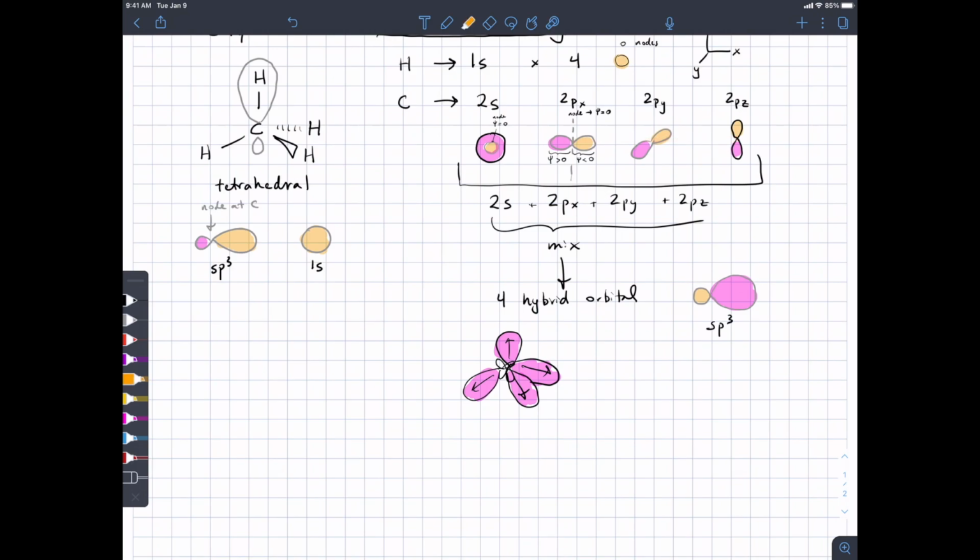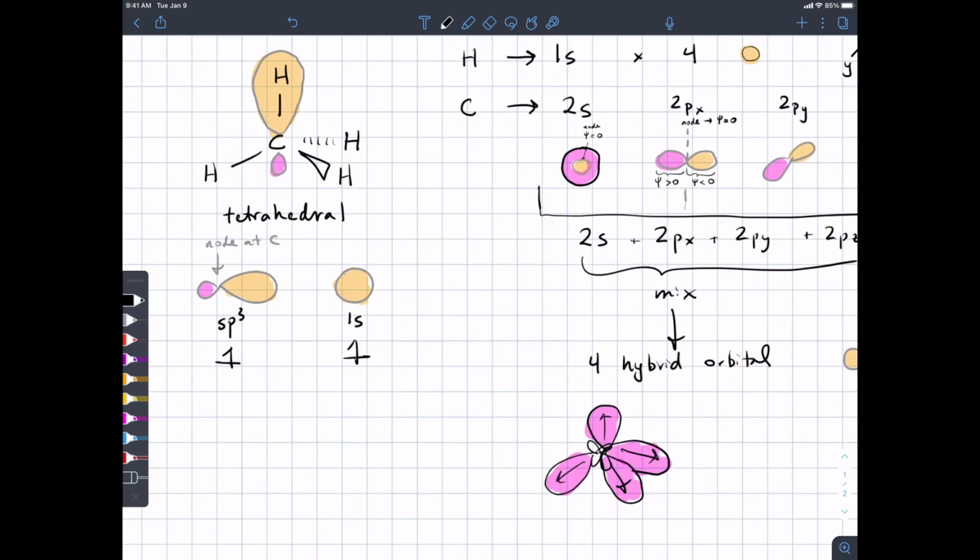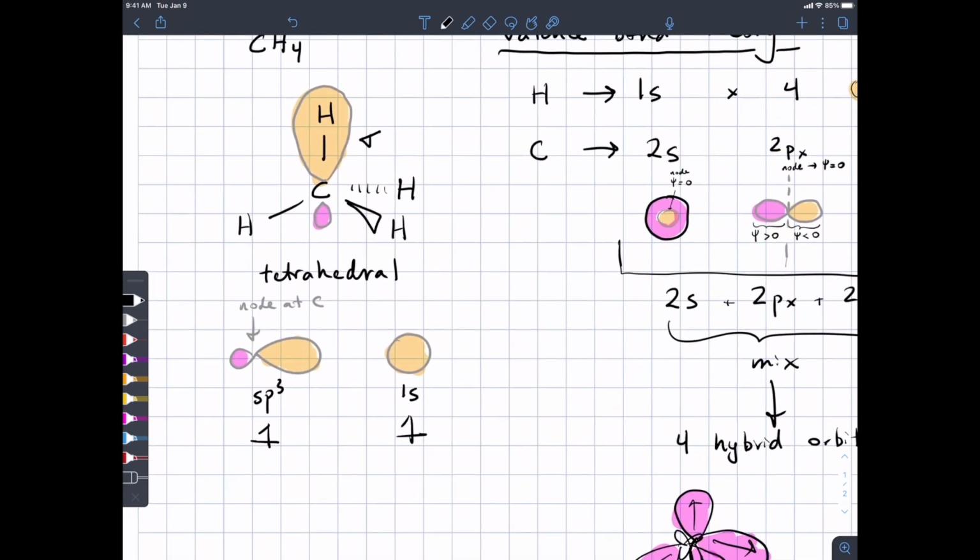But you would get constructive overlap, constructive interference between those 2 atomic orbitals, and a bond would consist of 2 electrons that you get from bringing an electron from the 1s orbital of hydrogen and an electron from the sp3 orbital of carbon. They called this kind of bond a sigma bond.